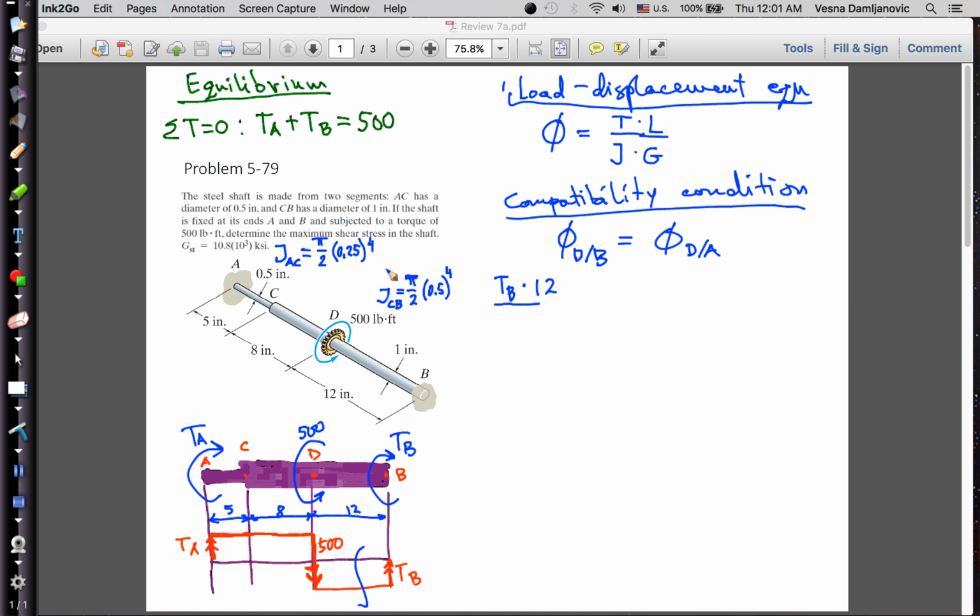And so we need to remember which one we are using. In this case, for D to B, we're using this one. So it's pi over 2, 0.5 to the fourth times G. And that's it. There's nothing else from D to B.